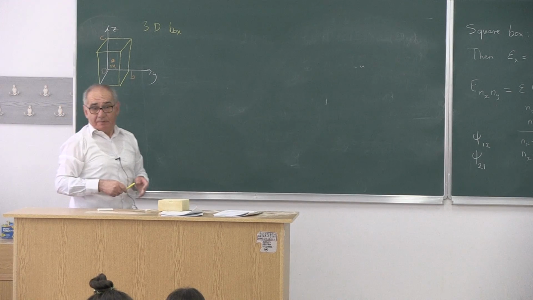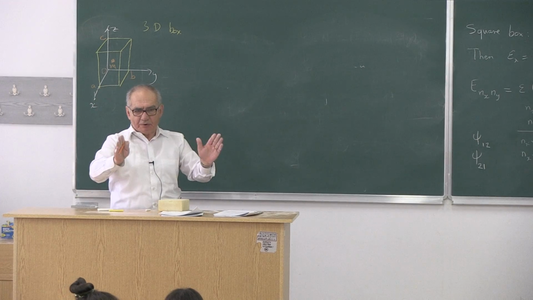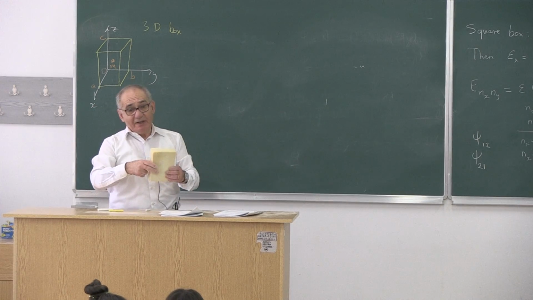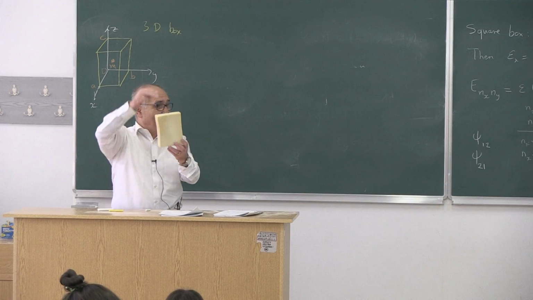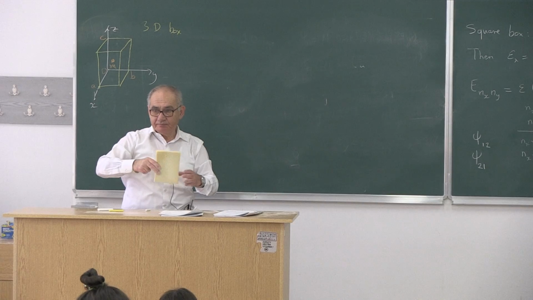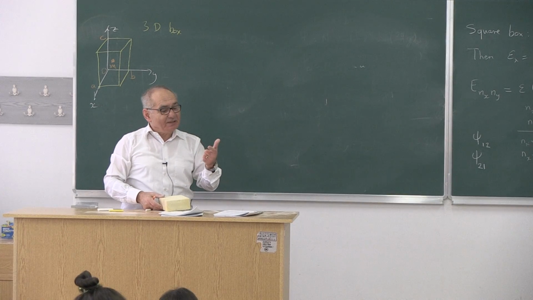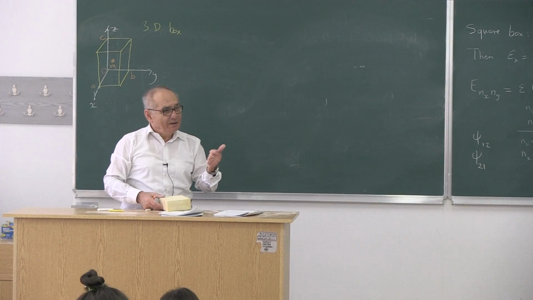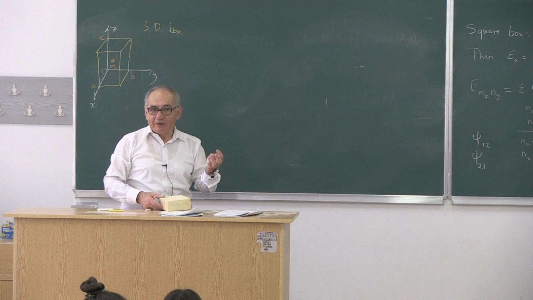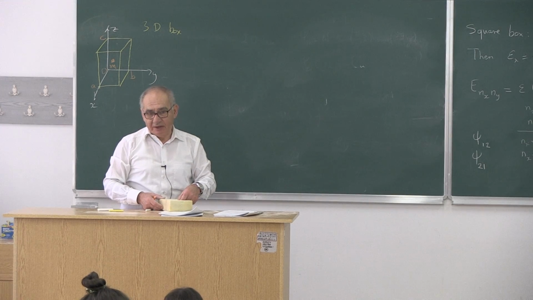A free particle. This particle is free. There are no forces. However, it is trapped. It has to be inside the box. It cannot penetrate. How many dimensions is it moving in? 3 dimensions. Therefore, how many variables are needed to locate its location? 3 variables.